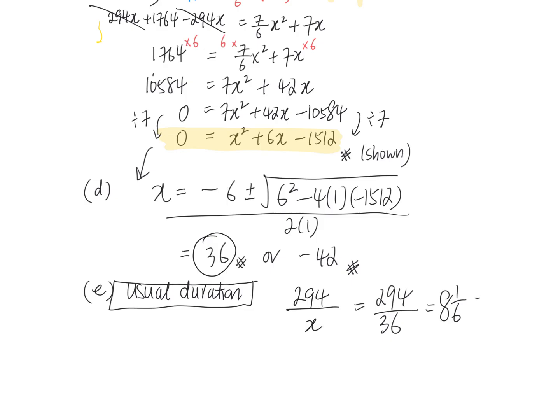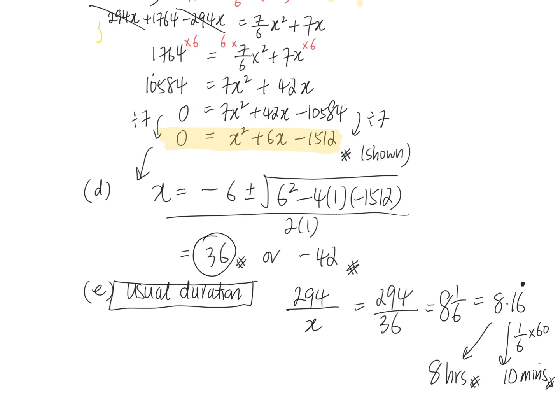Some of you wrote like that, right? So I know for sure this is my 8 hours. The 1/6, you need to change it to minutes. So you can take away the 8 and then multiply by 60. You get 10 minutes.